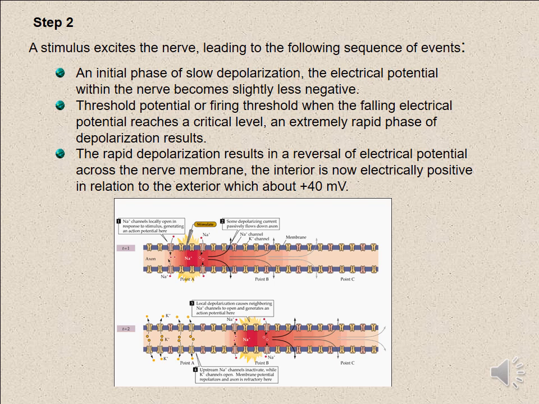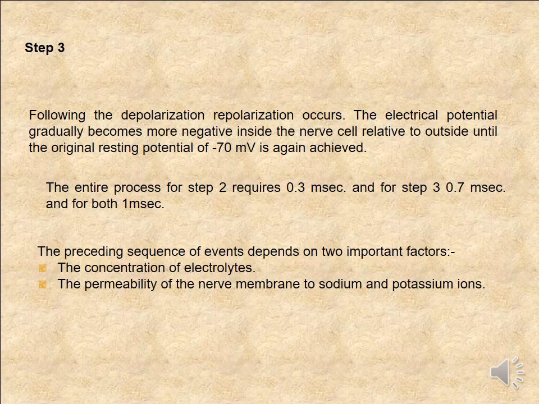The change in polarity between intracellular and extracellular goes to positively charged intracellular until it reaches plus 40 millivolts. In the last stage, step 3, following depolarization, repolarization occurs: the electrical potential gradually becomes more negative inside the nerve cell relative to outside until the original resting potential of minus 70 millivolts is again achieved, a return to the rest position of the nerve.